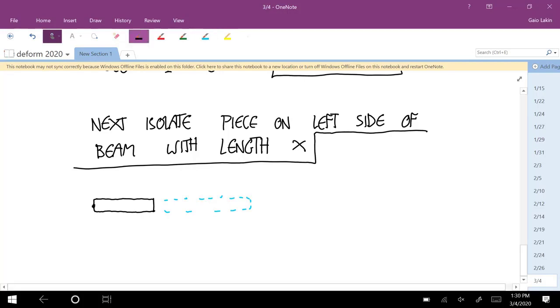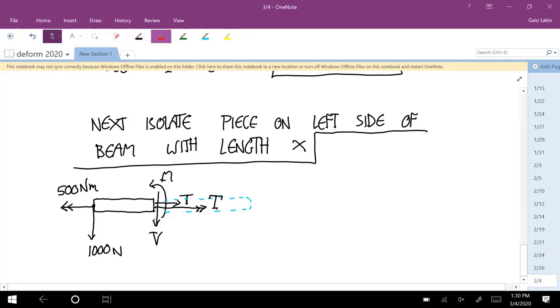We have a downward force over here of 1,000, a couple of 500 this way, and then we have the internal loads, T, V, M, and fancy T. And this time, this length here isn't a quarter, it's x.